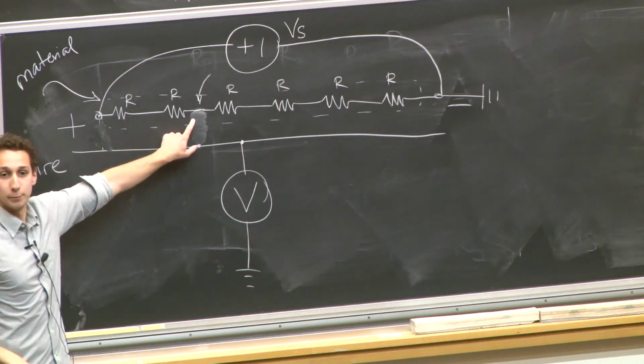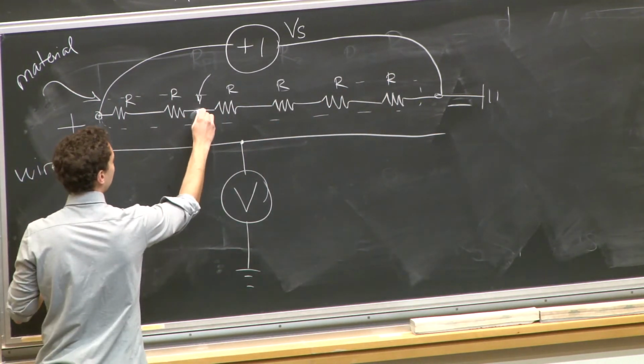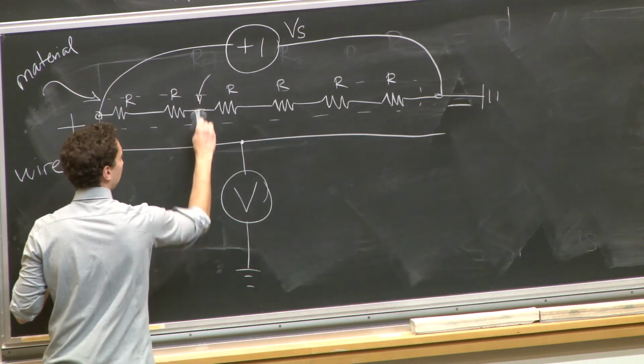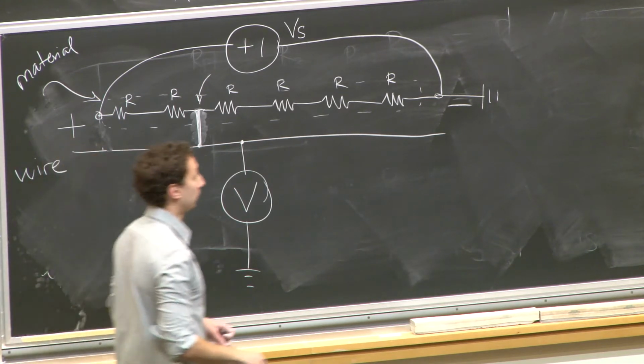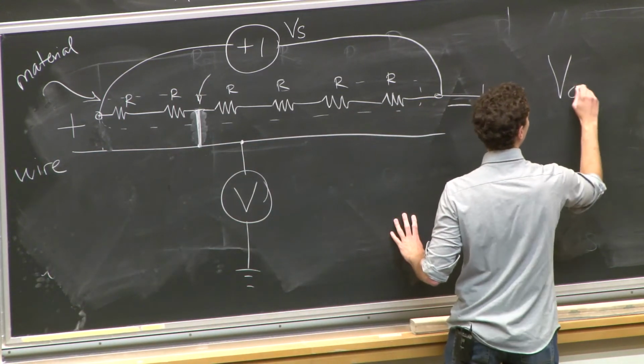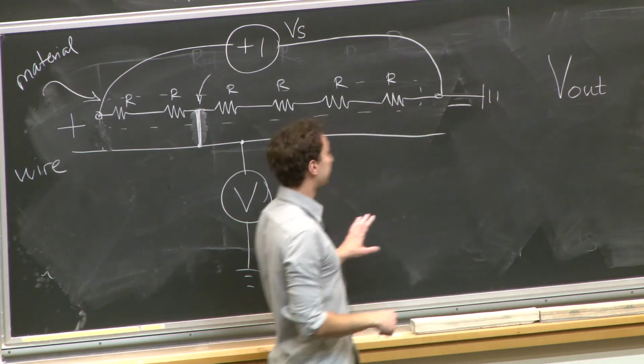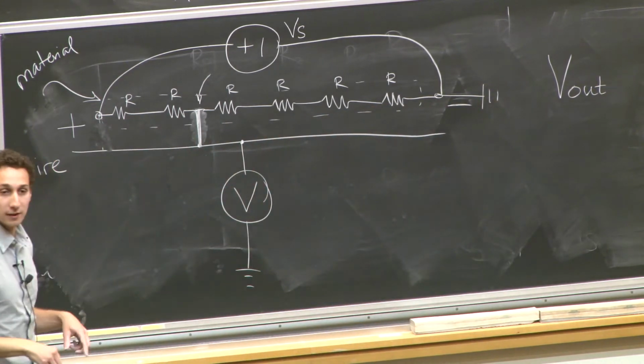Now if I touch somewhere in the middle, if I label these resistances R, let's say I touch where I did before, and I make contact right here. What will it be then? A voltage divider, right? Between what and what? In this case, let's say how many resistors do I have? 6.